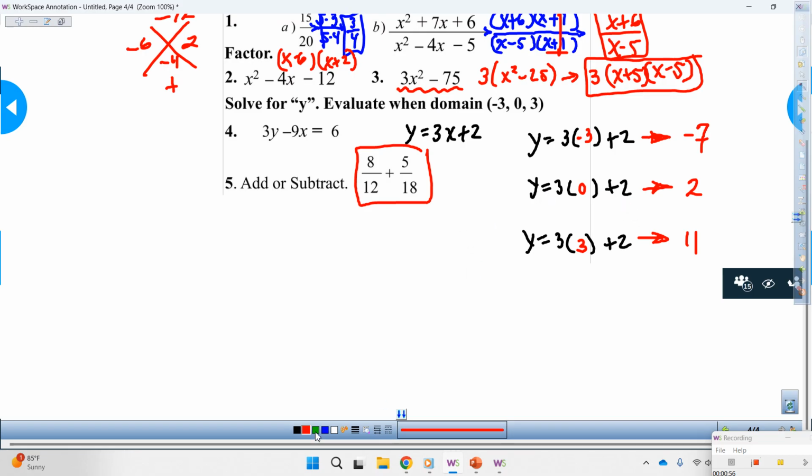Elijah, what's the GCF for 12 and 18? No, that's the LCD. I'm saying the GCF. What number divides 12 that divides 18?